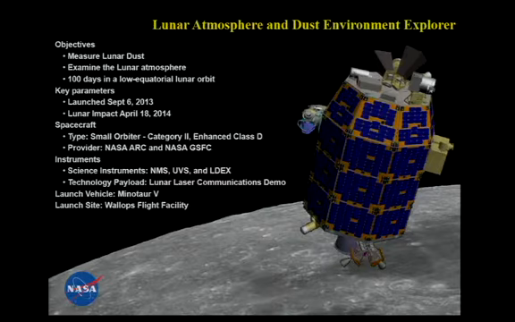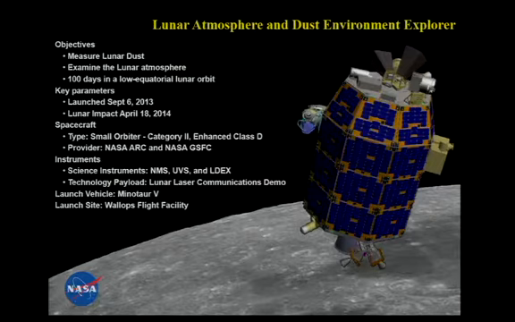So we were an enhanced Class D mission with Class B flight software. The software was provided by Ames and Goddard, and basically so was the spacecraft. We built it in-house. We had several science instruments on board the spacecraft. We had a neutral mass spectrometer, an ultraviolet spectrometer, and a lunar dust experiment.